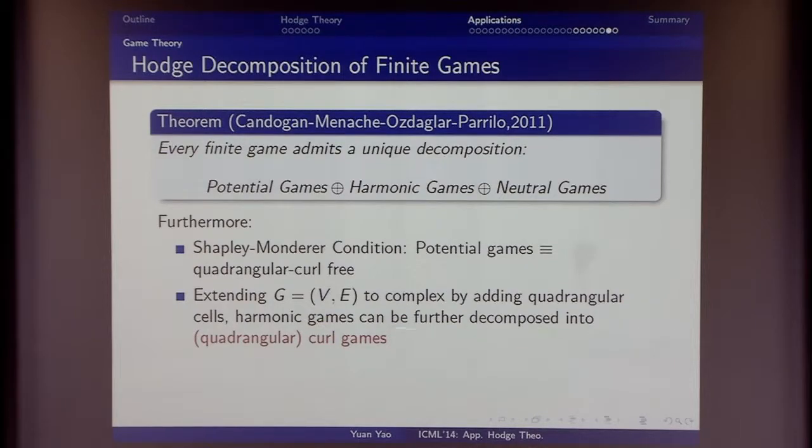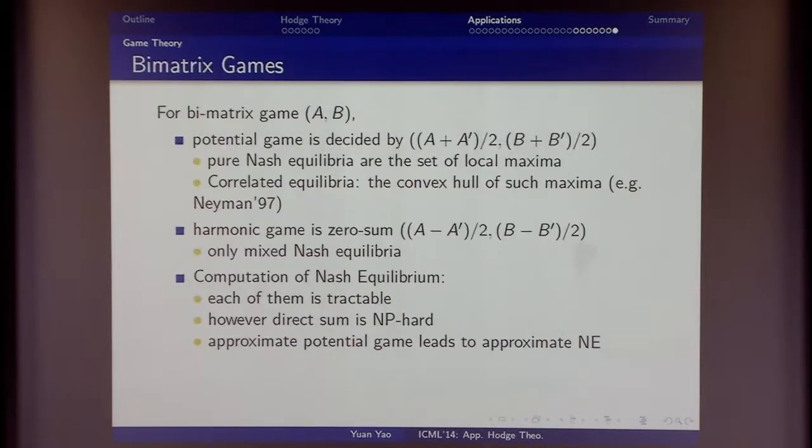In that way, you can localize the game and make the harmonic part much more localized. And this may give you another way to look at game decomposition. In particular, if you look at a bimatrix game like the example we proposed in the beginning, the battle of the sexes, such a game is decomposed into a potential game given by the symmetric part of the bimatrix, and a harmonic game given by the skew-symmetric part.